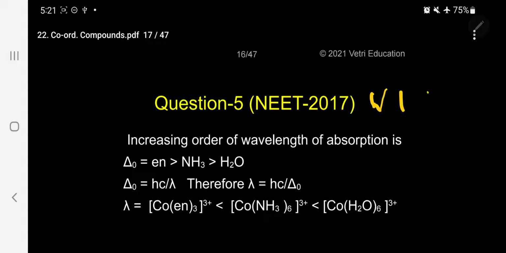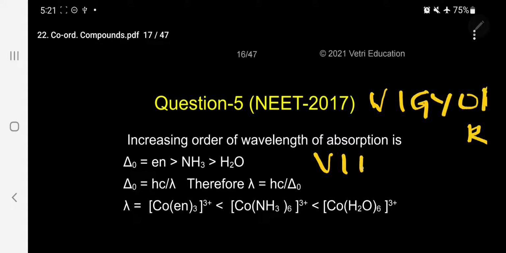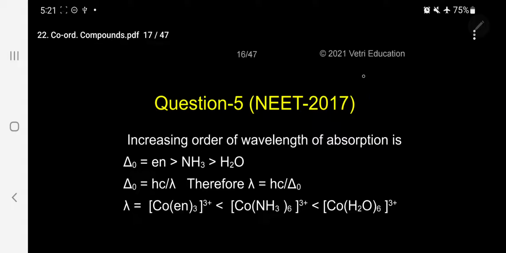This is VIBGYOR. Kindly follow. This is what we normally write for the visible region: violet, indigo, blue, green, yellow, orange, red.